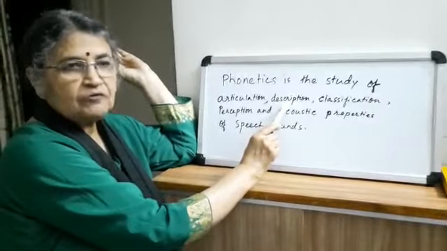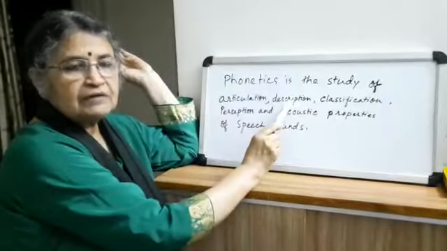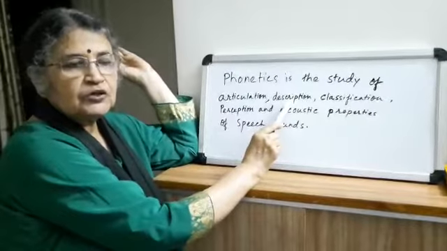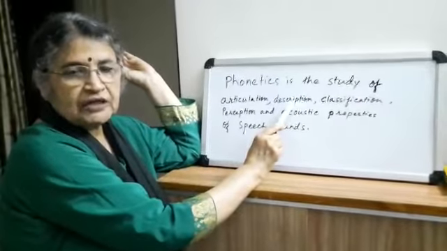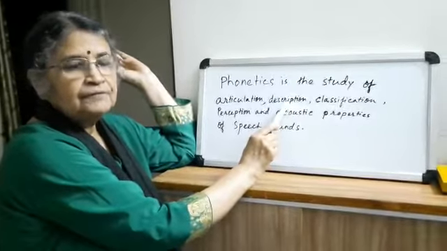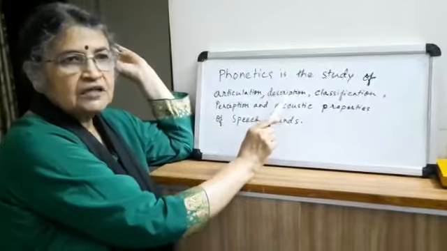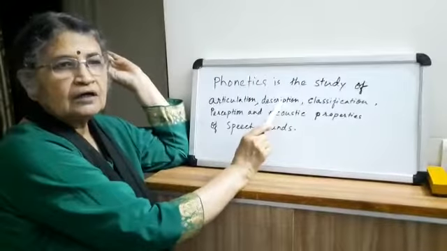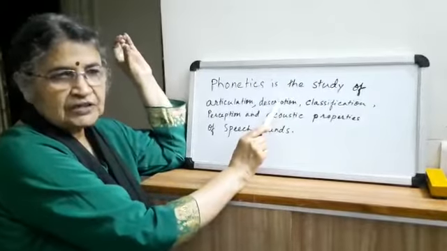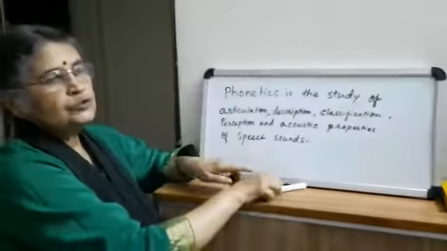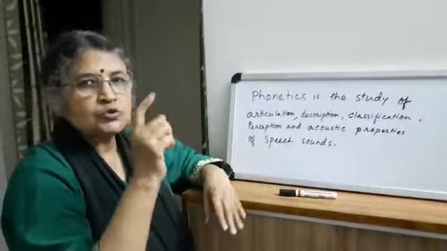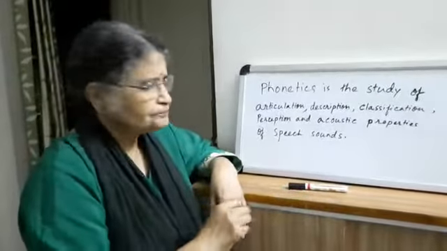So what is meant by voiceless? That is to say, when p is articulated, the vocal cords are not in vibrating position. They are wide apart, and the air from the lungs flows through that passage between the two vocal cords.